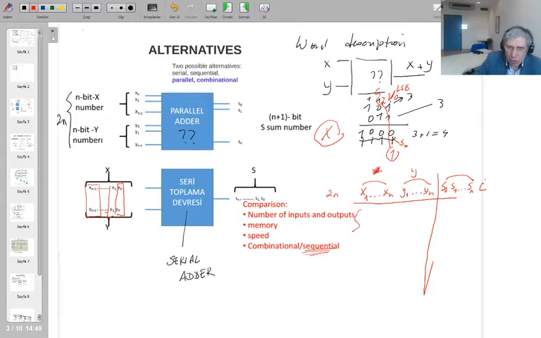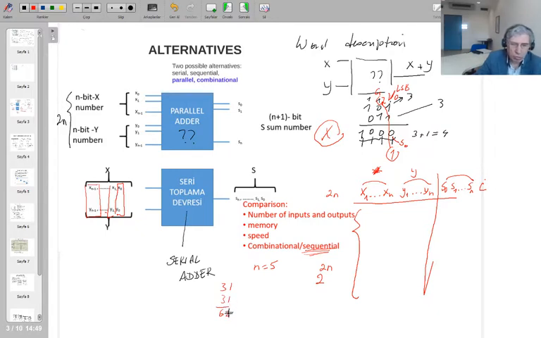So if you write the truth table for these n plus 1 functions, the number of rows is going to be 2 to the power 2n. So if n is 5, that means you are adding two 5-bit numbers. The highest could be 31, the other one 31, giving 62.